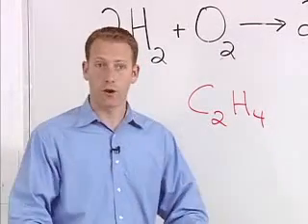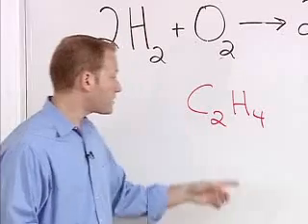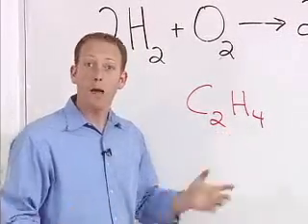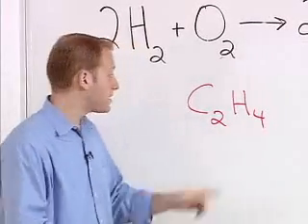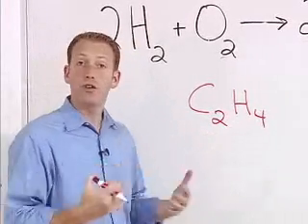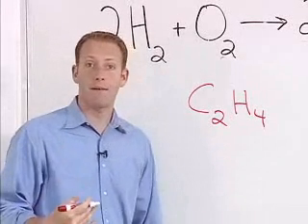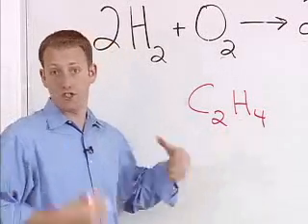The empirical formula represents the simplest ratio. Well, what's the ratio of 2 to 4? The ratio here is 2 to 4. But if you made an empirical formula, you would simplify it. What you do to turn a molecular formula into an empirical formula is you divide by the greatest common denominator, the greatest common factor. What is that? Well, in 2 and 4, it's 2.